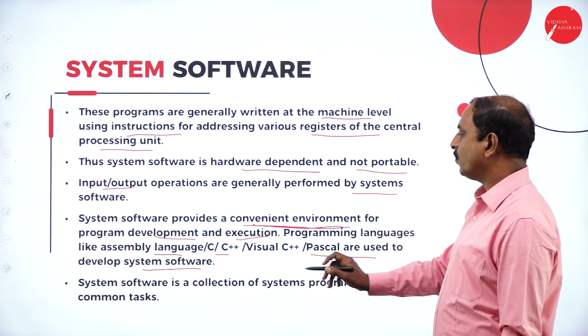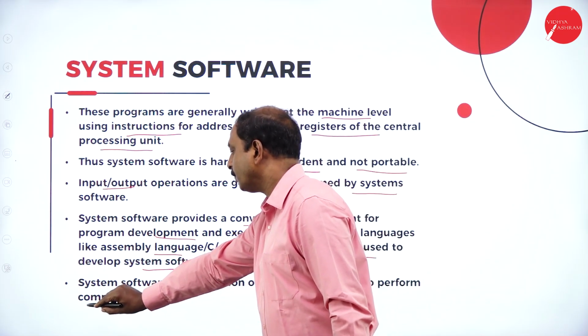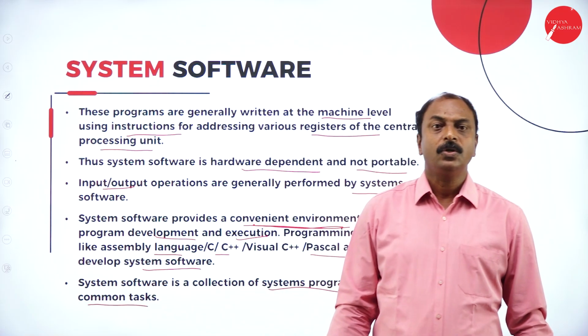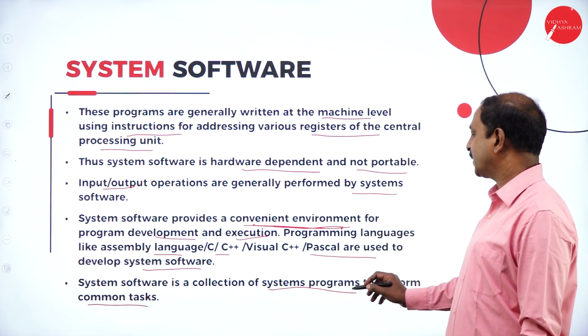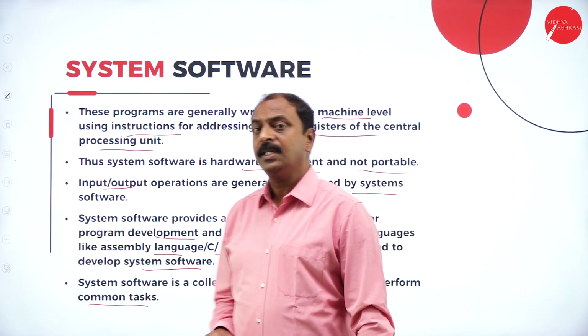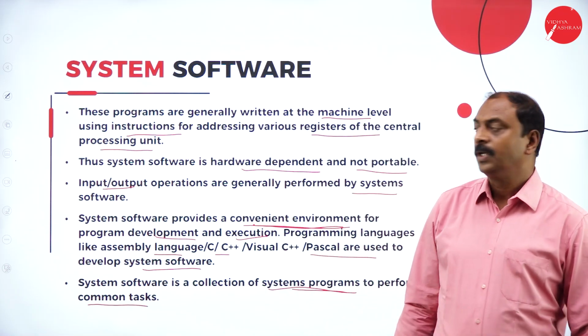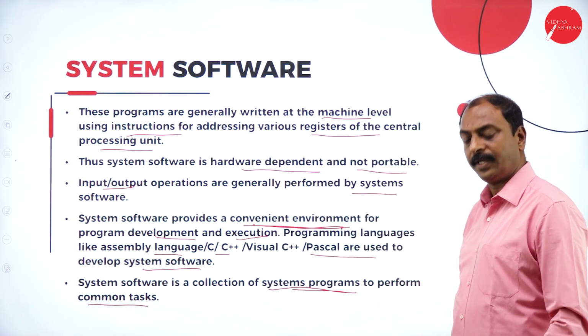System software is a collection of system programs to perform common tasks. So it is a collection of system programs addressing the different hardware components of the CPU or computer system.